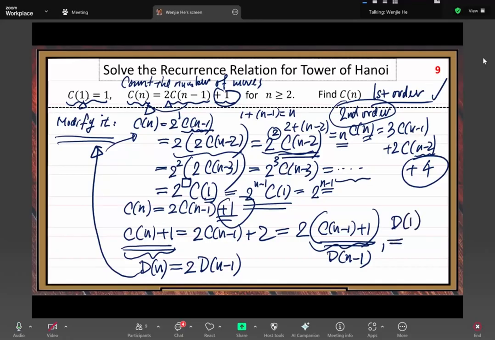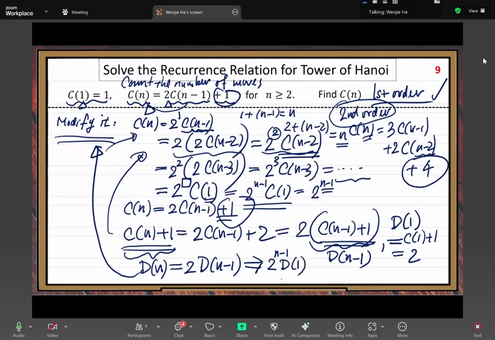D of 1 is C of 1 plus 1. C of 1 is 1, so D of 1 is 2. It's 2, not a 1. Now, when we solve this one, we can use our previous solution. Previous solution, it should be 2 to the n minus 1 times D of 1, right?